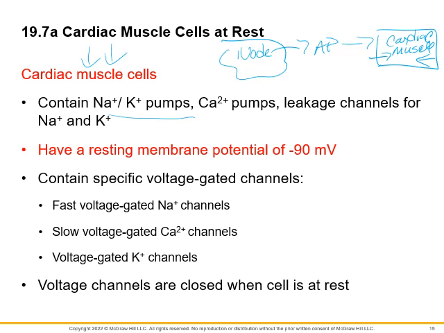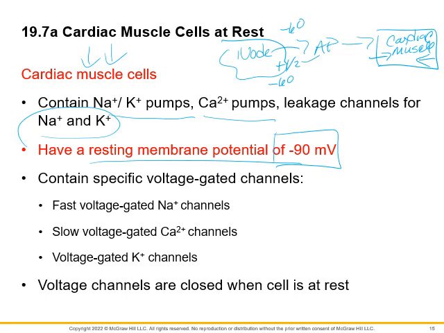We're going to see sodium-potassium pumps, calcium pumps, and some channels for both sodium and potassium. The resting membrane potential is a little bit lower here. So remember, the node went from negative 60 to positive 1.2 millivolts and then went back to negative 60. When it generated the action potential, that action potential initiated the cardiac muscle contraction.